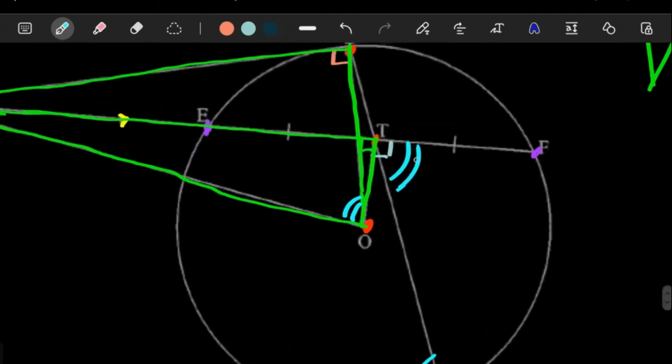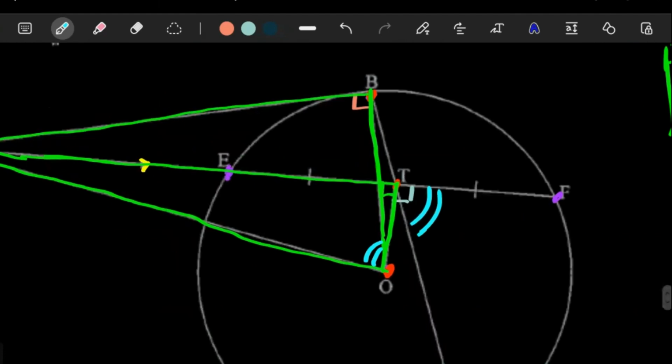So how can we then show that this angle is equal to that one? That's quite interesting. But since it's a cyclic quadrilateral, let's try and see if we can find something to help us.